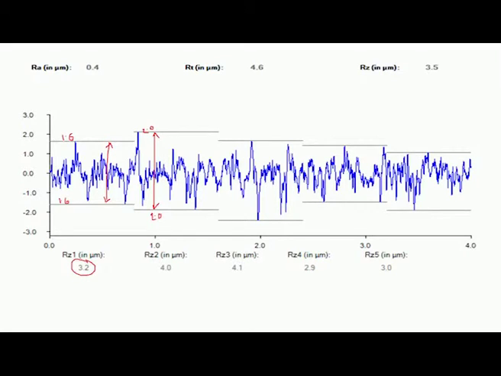So, peak to valley distance is 4 micrometer. Similarly, Rz3 is 4.1 and Rz4 is 2.9 and Rz5 is 3. So, when we calculate the average of these 5 values, we get this Rz of 3.5 micrometer. This is average Rz value.